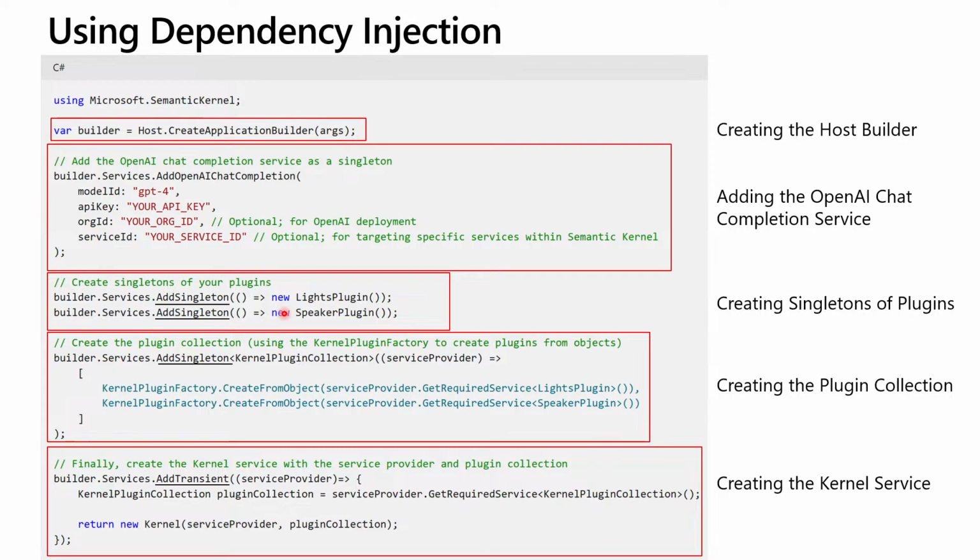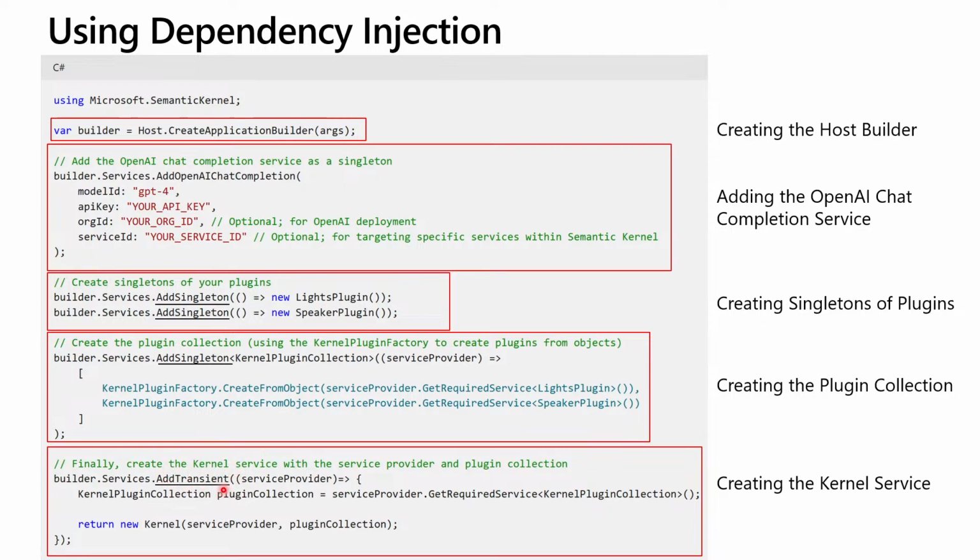That's why plugins need to be created as a singleton, which means that it will have a single instance running in the background for each user. It will not consume lots of memory in the background. Then we have a light plugin, speaker plugin, then creating a plugin collection. Again, this is my plugin collection. This is also singleton.